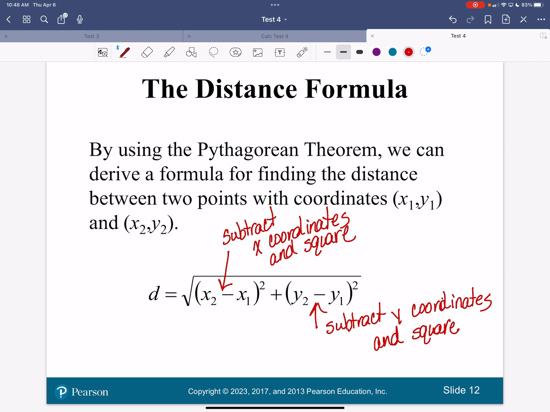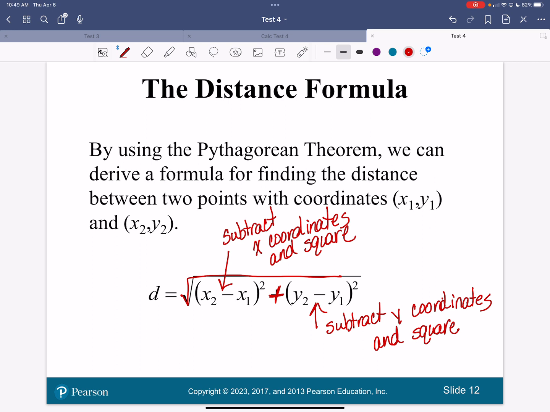Okay. Then once I've done that, I'm going to take the square root of their sum. When you are finding the distance between 2 points, you will always be given those 2 points.